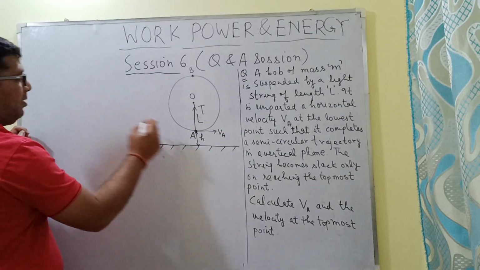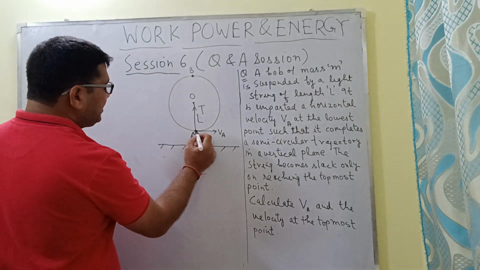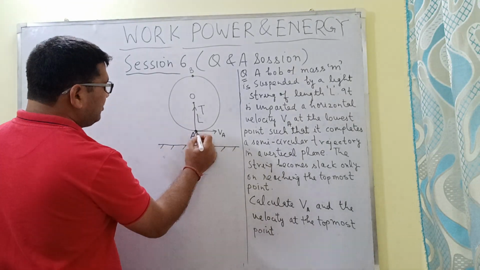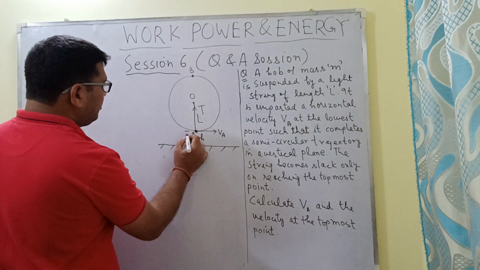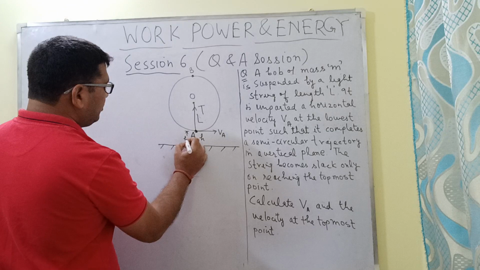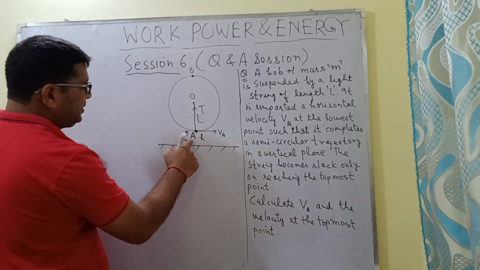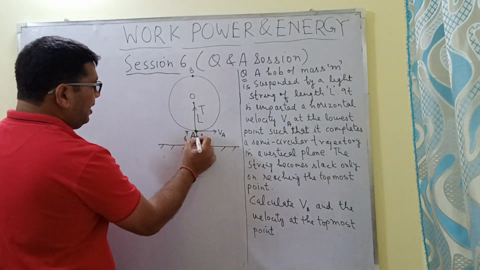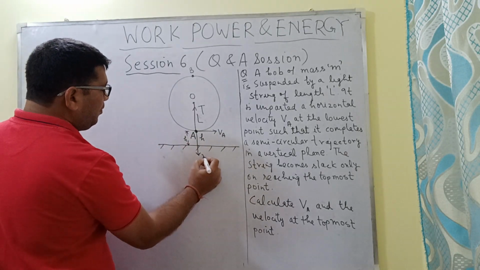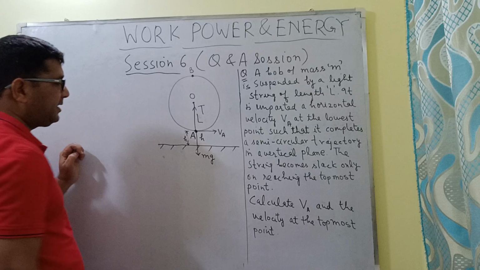So we can say that now the weight of the bob is acting downward. This is the height of the bob from the ground, which I have written here, and this is the weight of the bob, which is acting downward.